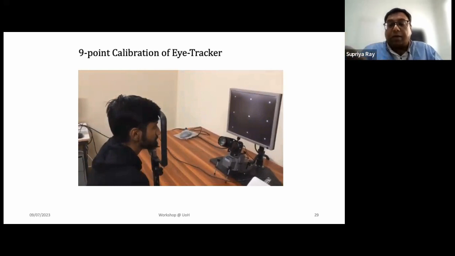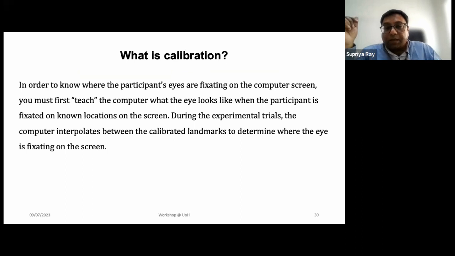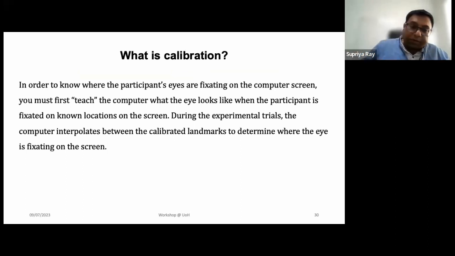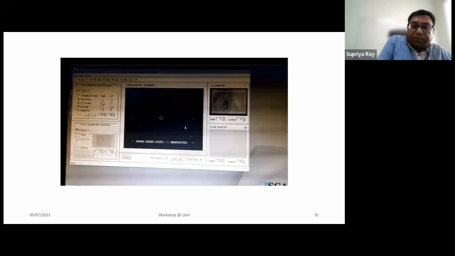That means we tell our eye tracker that when a subject is looking, say, upward at the right corner, his eye would look like this. Once you teach your eye tracker 9 landmark locations, it can interpolate all other points within that visual field. You can read the text, this is what I just said, teaching the computer where the subjects are looking.